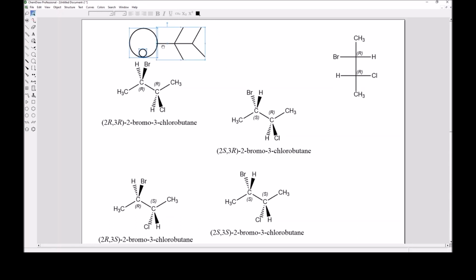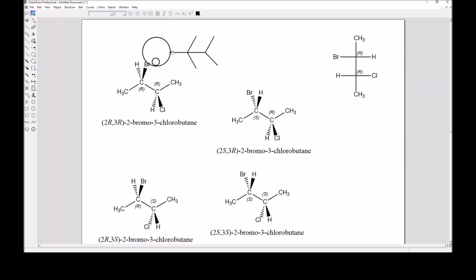So if you could put yourself in that position of the stick figure, and that bromine, relative to your perspective, were coming out of the plane of the screen, that bromine would be on your left-hand side. And the hydrogen going into the screen, if this is where you were kind of flying over the molecule, would be pointing into the screen, and that would be on your right-hand side. So rather than use ChemDraw 3D, I just think about the world from the perspective of a stick figure.